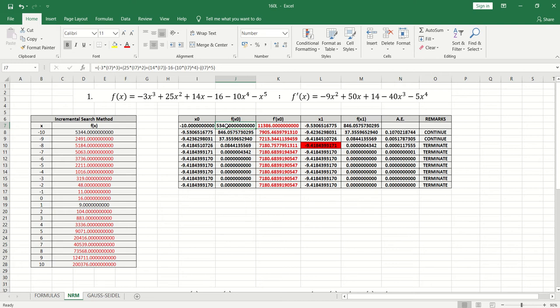For the derivative of the function, f prime of x when x equals negative 10, since the derivative of the original function is negative 9x squared plus 50x plus 14 minus 40x cubed minus 5x raised to 4, substituting negative 10 in f prime of x, we will obtain this value.